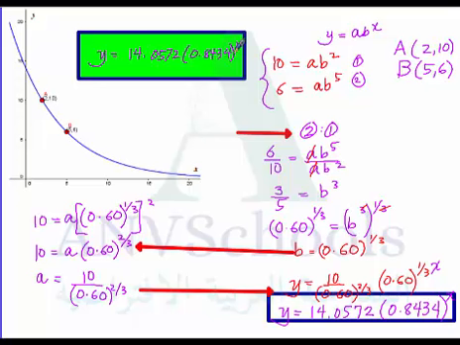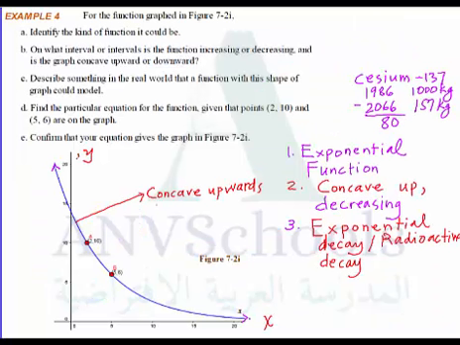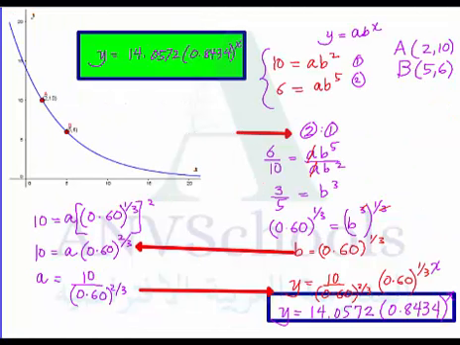Now letter E says that we have to confirm that our equation gives the graph which is represented by this, the one that you see on our left.